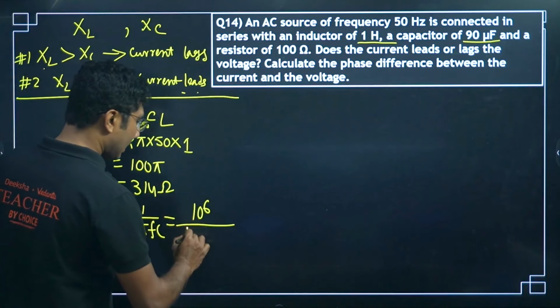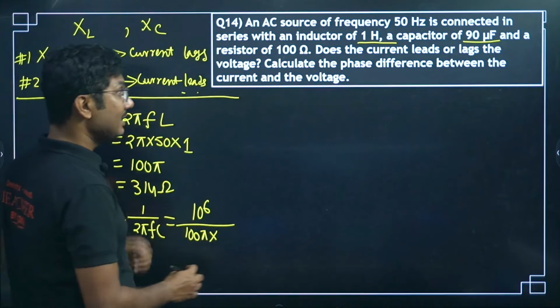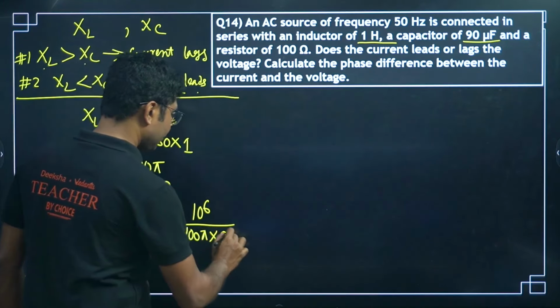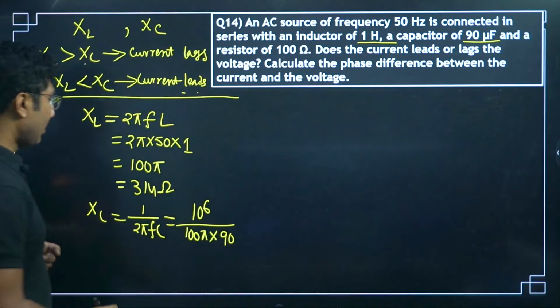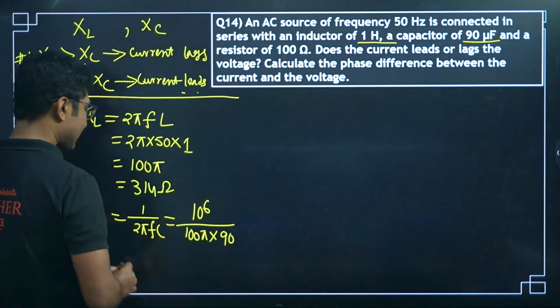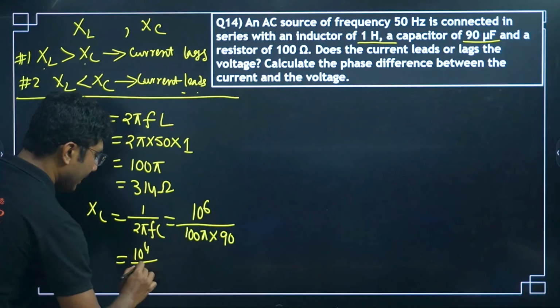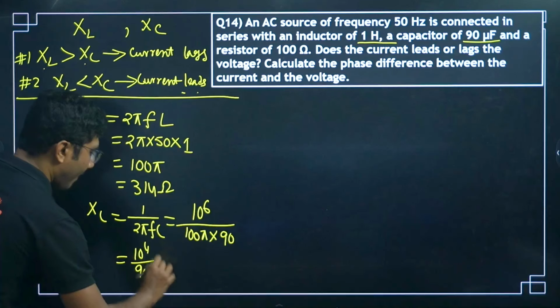So, again 100 pi into C is 90. Okay. Now, simplify this, 2 zeros will be cancelled, you get 10 to the power of 4 divided by 90 pi. Okay.